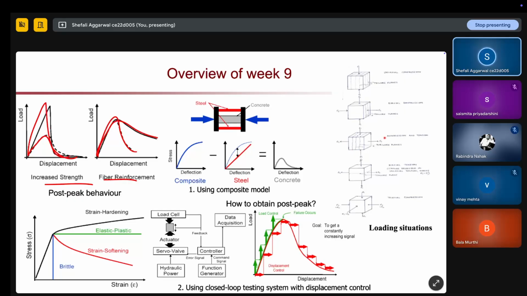Your strength will actually reduce because of the additional tensile forces, and your failure plane will always be in the direction of your principal compressive stresses.